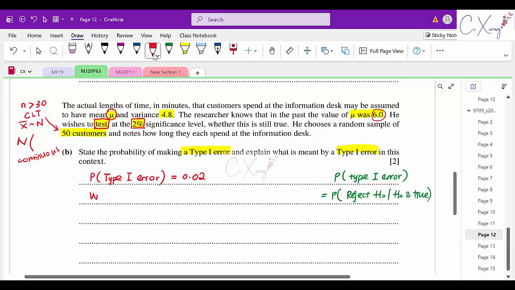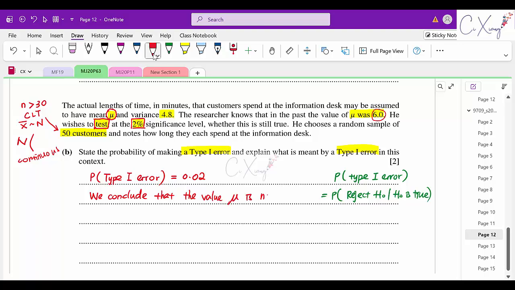So you can say that we conclude to reject the null hypothesis. Rejecting the null hypothesis means that mu is different. So we conclude that the value of mu is not 6 anymore, although the null hypothesis is true, although in fact mu is equal to 6.